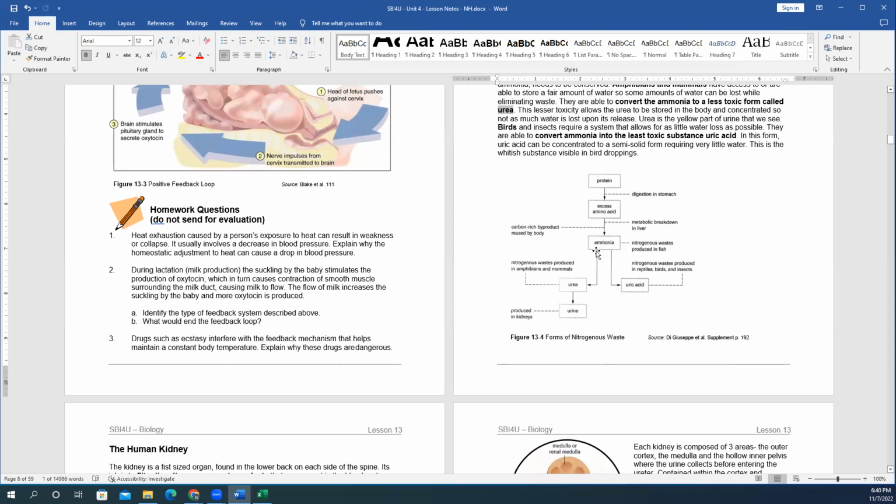This removal of the ammonia, or the deamination, then produces a nitrogenous waste, which fish just release directly into their watery environment. In reptiles and birds and insects, they convert this into uric acid and excrete that. In mammals and amphibians, we turn this ammonia into urea, and we release it in our urine that is produced by our kidneys.